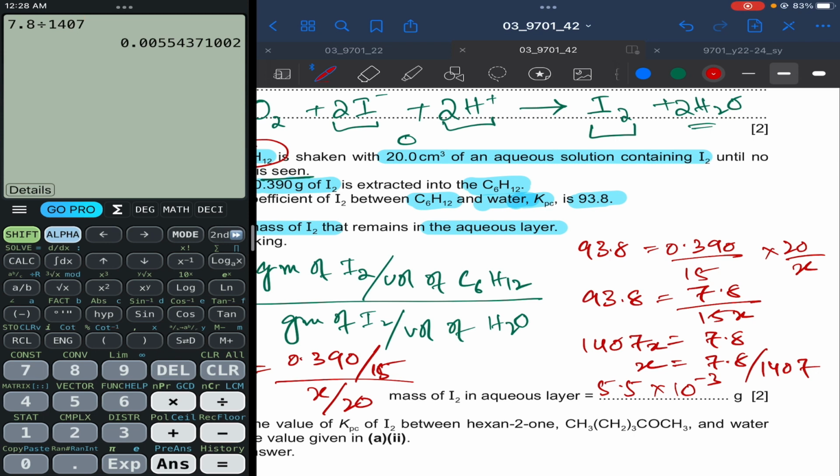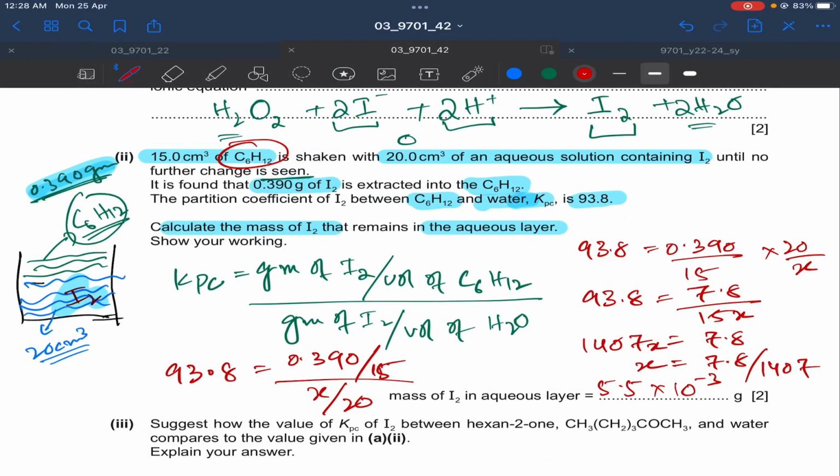You can relate this to the very large value of the partition coefficient, 93.8. If the partition coefficient is very large, it means iodine is much more soluble in cyclohexane as compared to water. That's why we have a very small amount of iodine in water as compared to iodine in cyclohexane.